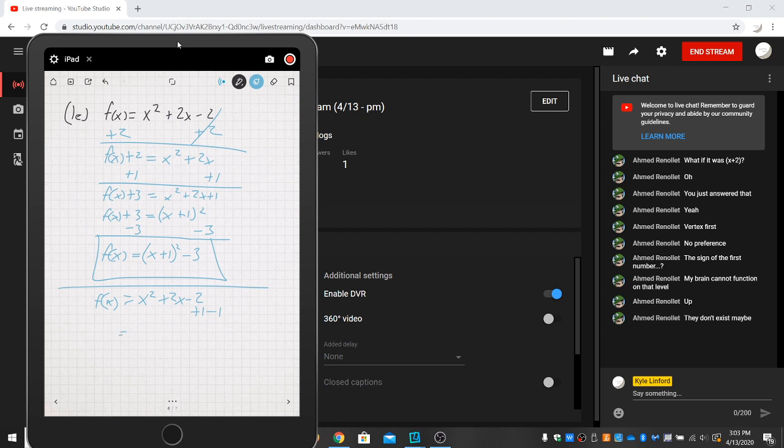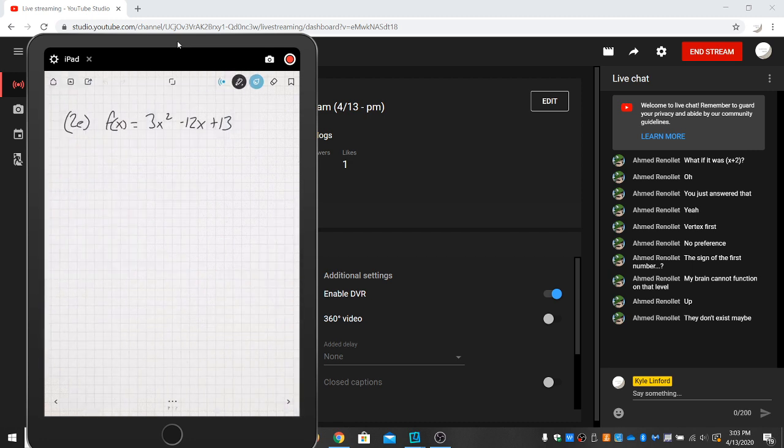So you would have ended up with x squared plus 2x plus 1 minus 1 minus 2, and you would have said, put the parentheses around these 3 values. That would have factored down to an x plus 1 squared, and this would have become a negative 3. Again, that's if you like that method. Not my preferred technique, but if you like it, go ahead. Nothing wrong with it. Let's go ahead and try the next problem.